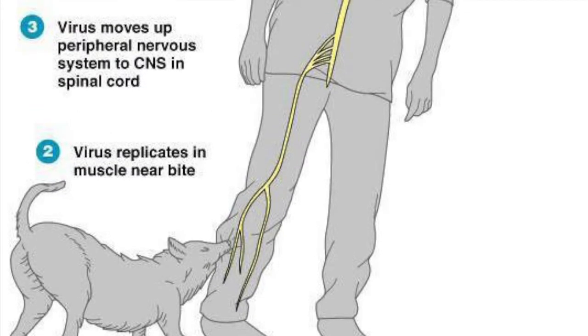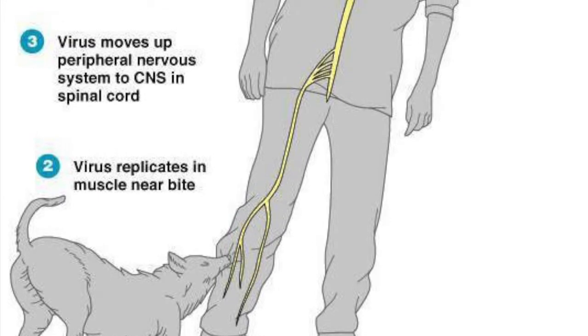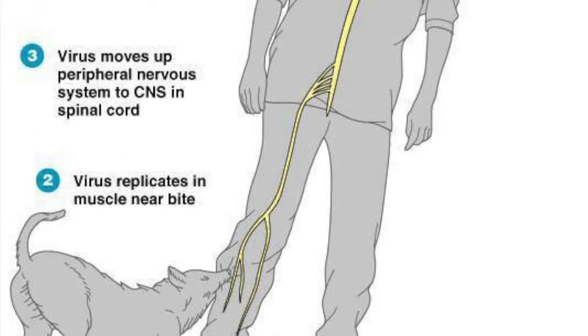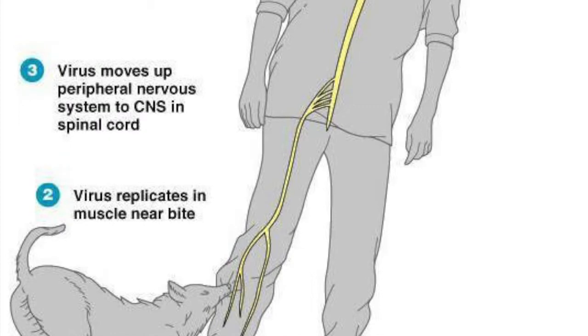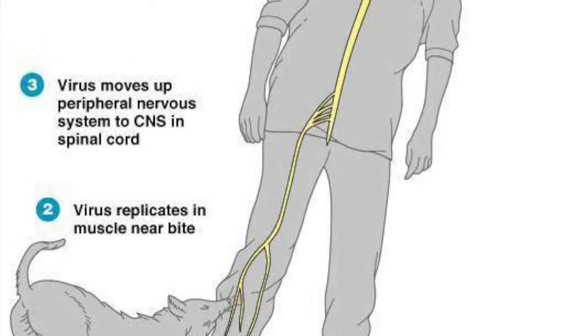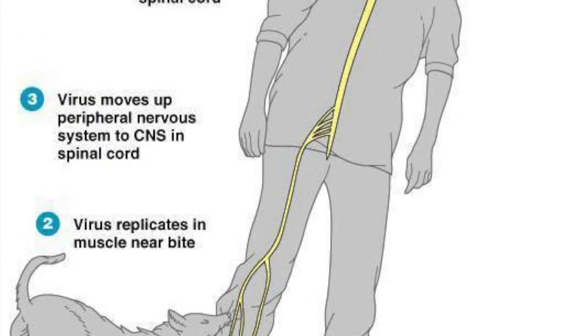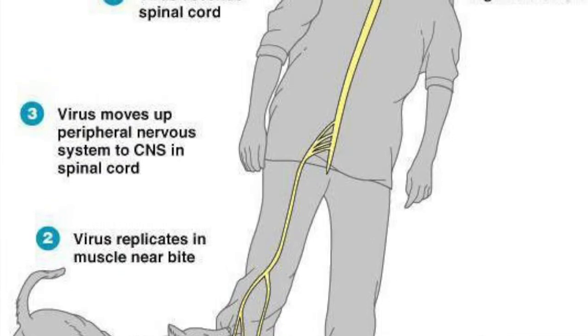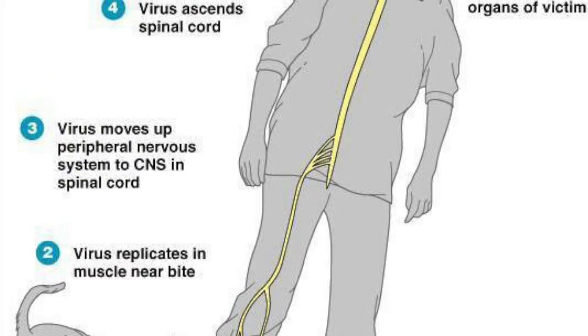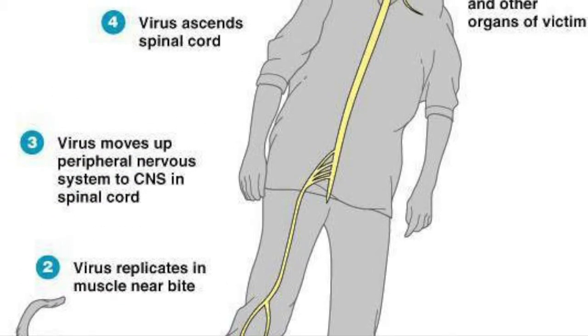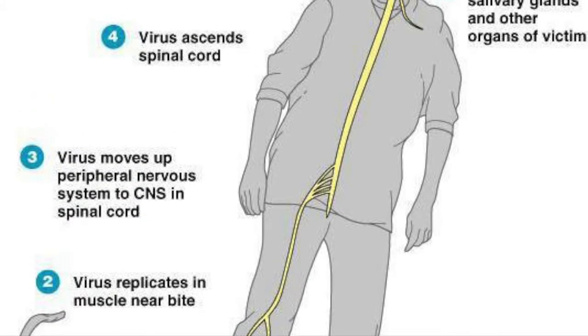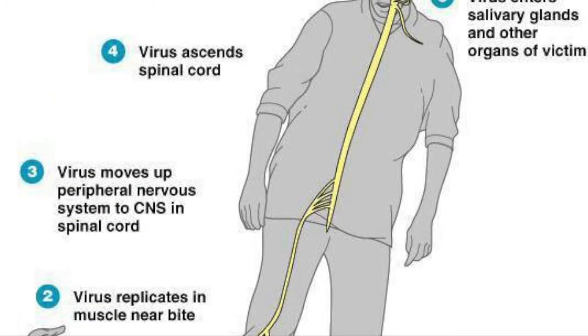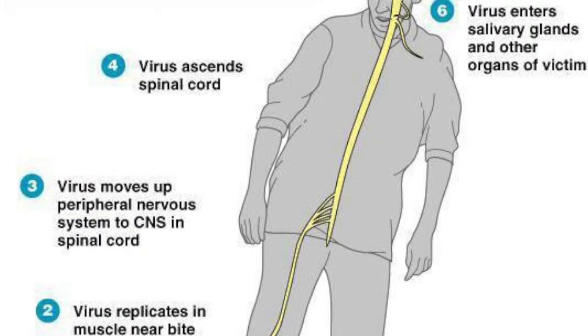The saliva comes in contact with the victim's mucous membranes or open sore, and the virus begins to spread. The new virus particles travel to more body parts along the nerves, including salivary glands, where they get excreted in the saliva.